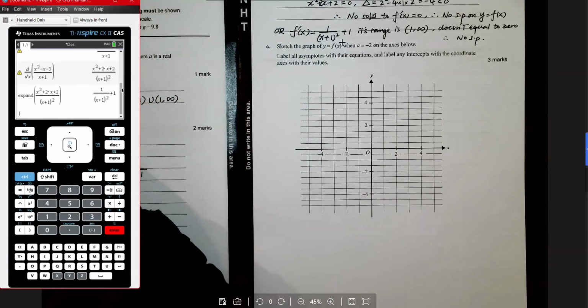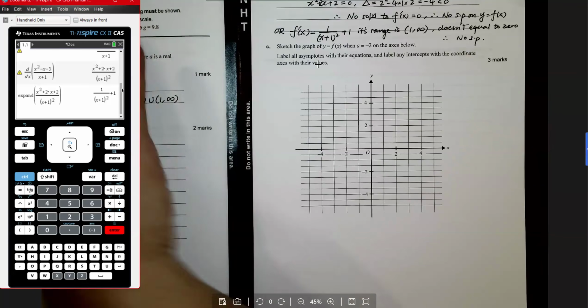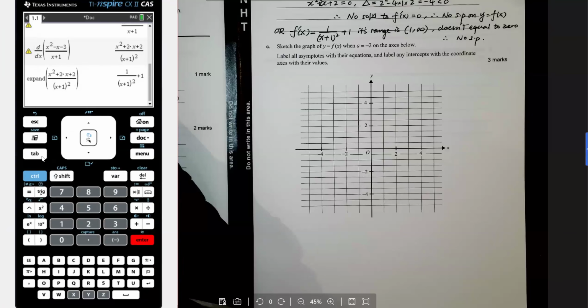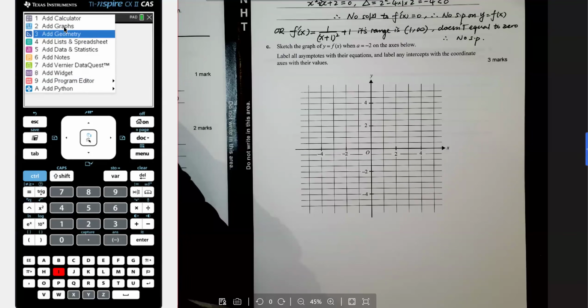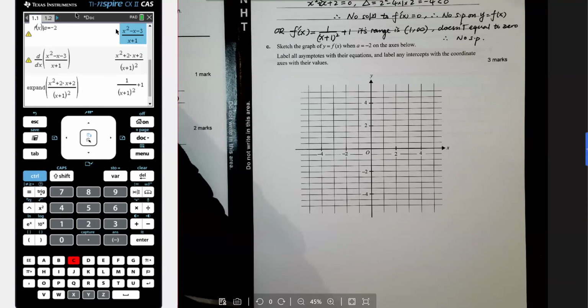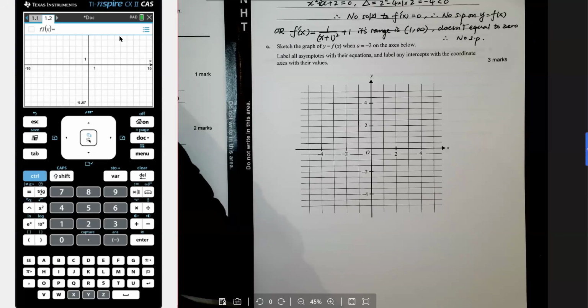Sketch the graph of y equals f of x when a equals minus 2 on the axis below. Label all the asymptotes with their equations and label any axis intercept with their values. In this particular case, I'm going to match my viewing window. So I'm sketching this graph.